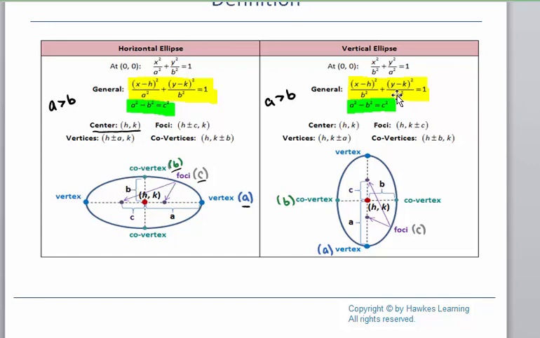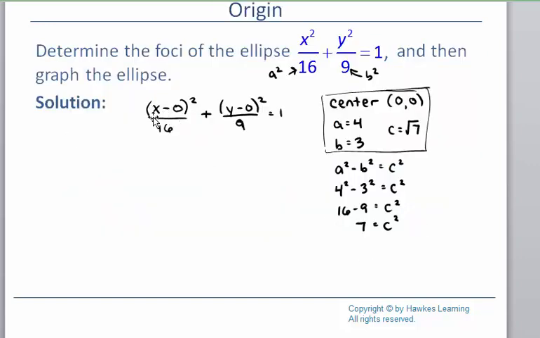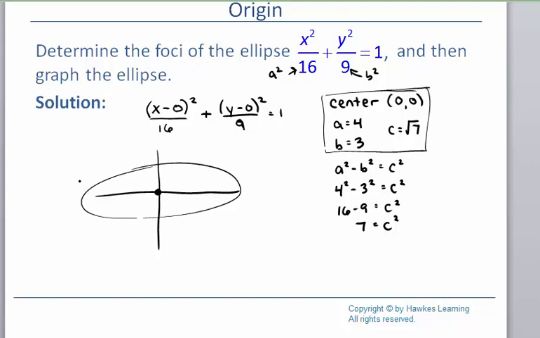If your bigger number sits underneath the y, it looks like this. In our case, our bigger number sits underneath the x, so we know that our ellipse is going to run from side to side. So center at 0, 0, and we know roughly that our ellipse is going to look something like that.